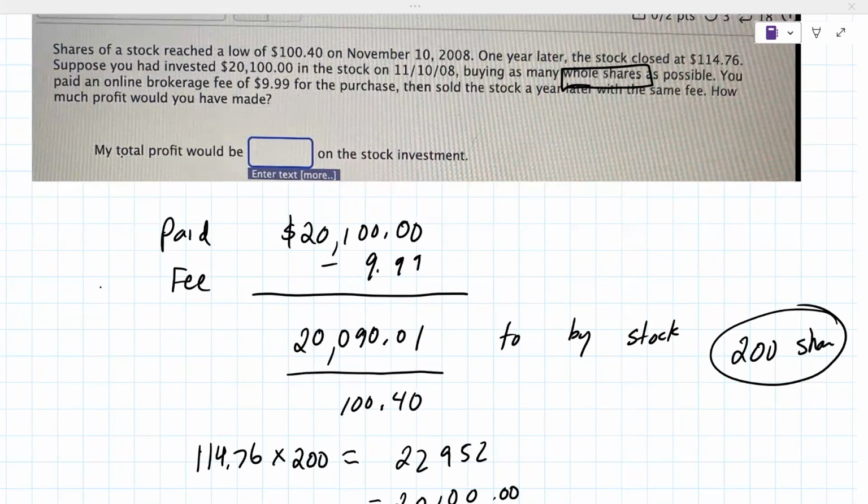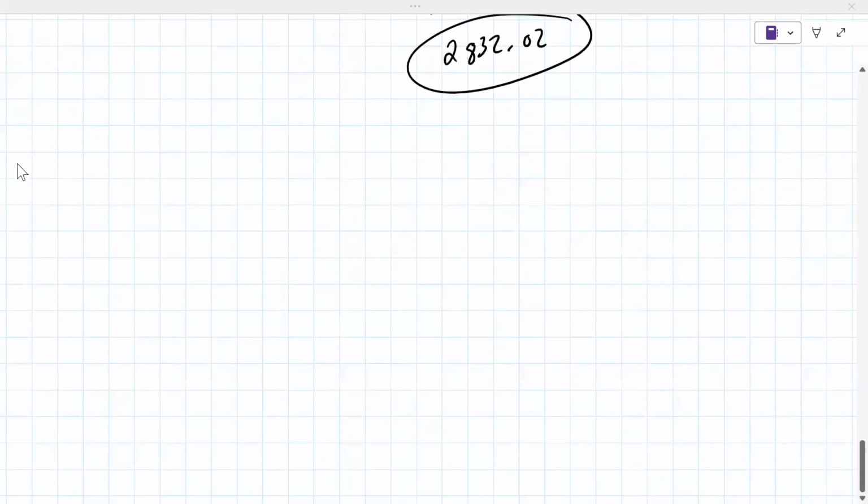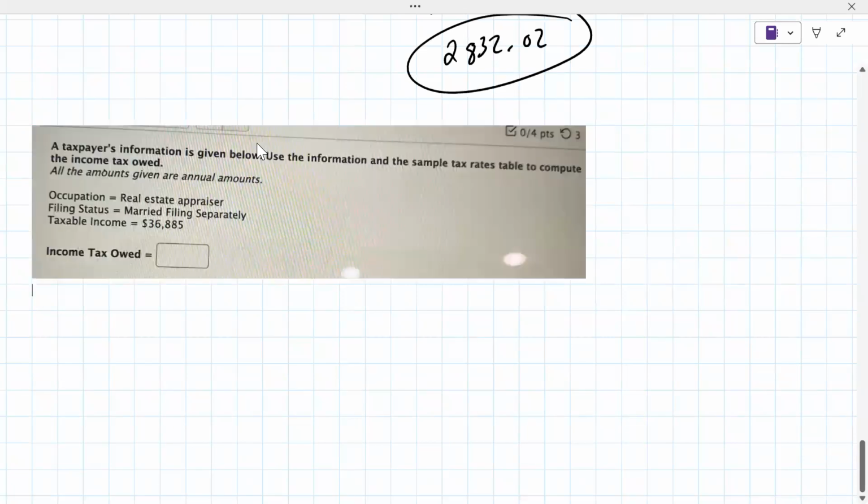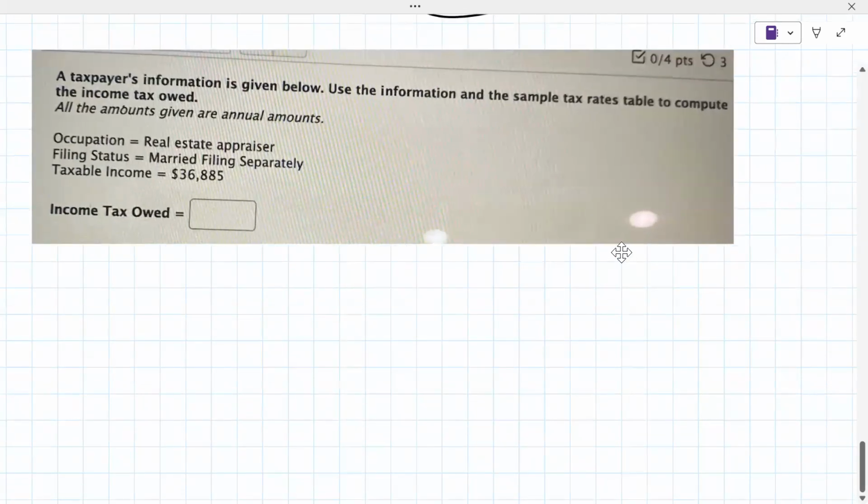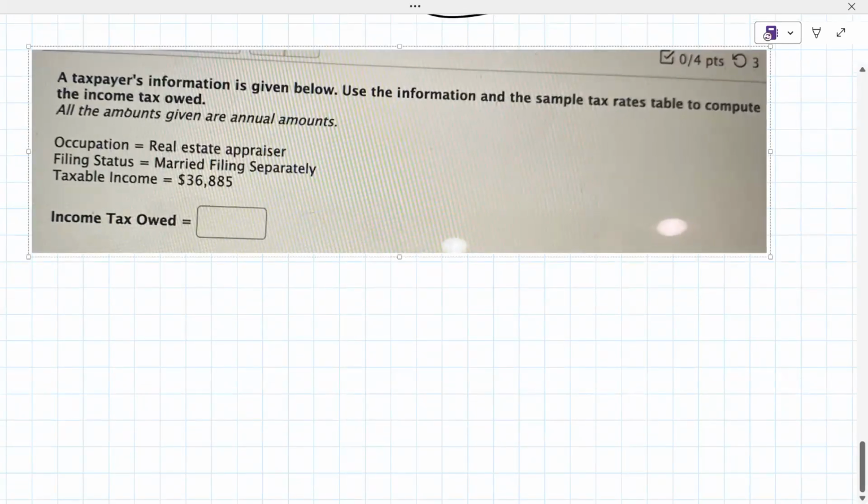Do you have the sample tax rate table? Yes, I do. Would you like me to send that over to you?